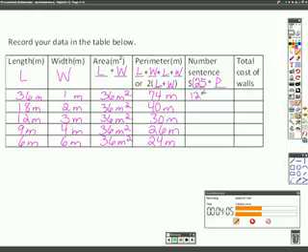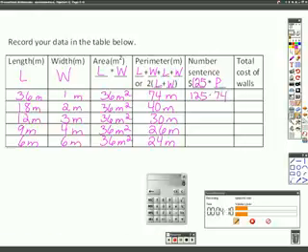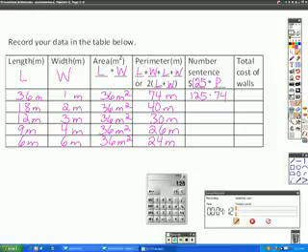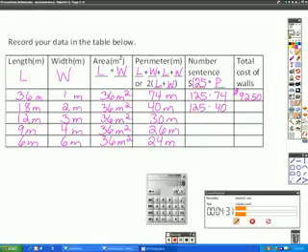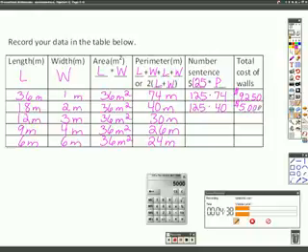So we have 125 times 74, which equals $9,250. We go to the next rectangle, the 18 by 2, which is 125 times 40, which is the perimeter. And we get $5,000 for that storm shelter.